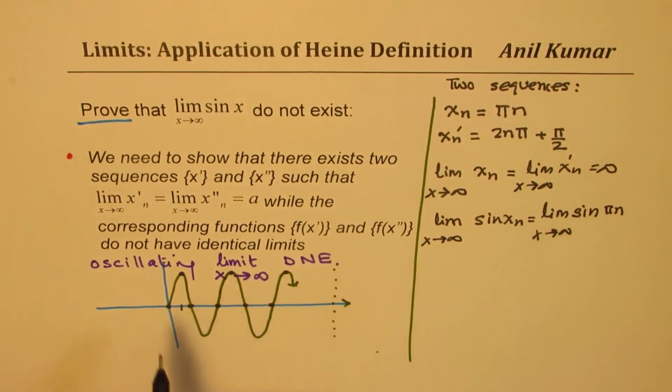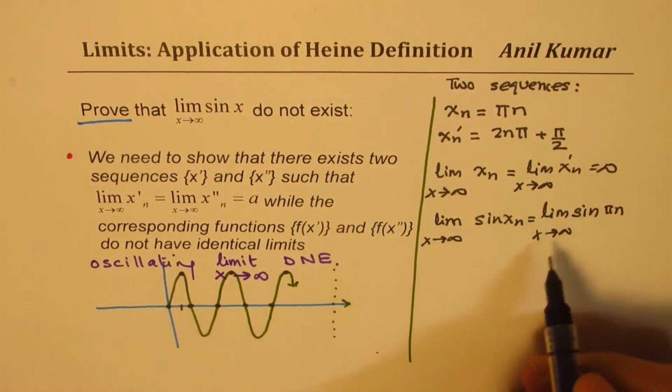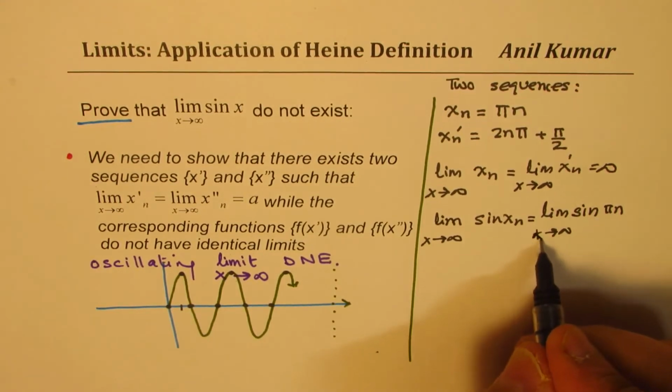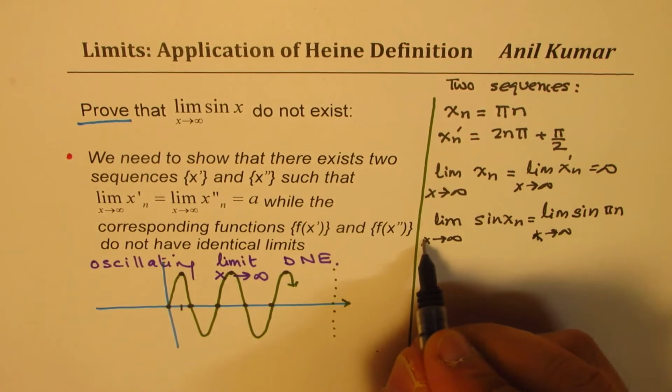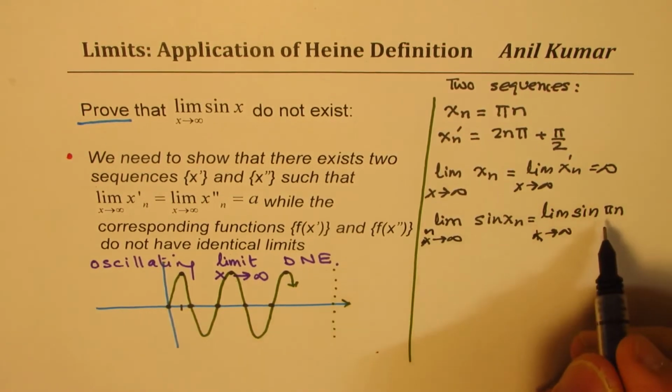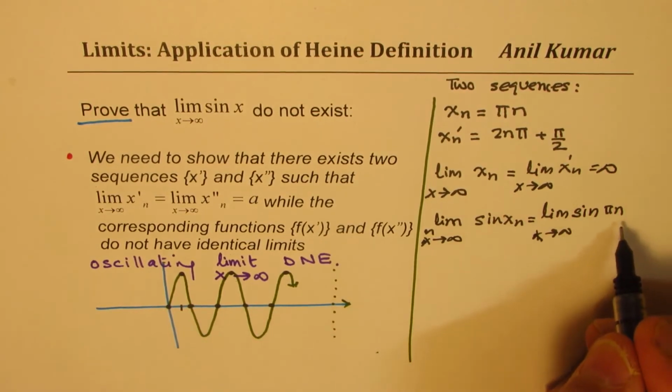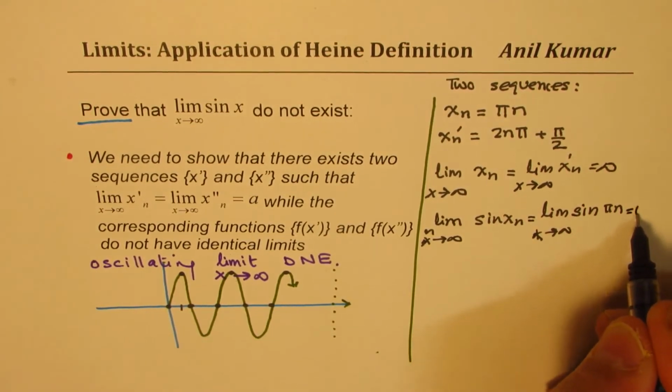Now, for pi n, whether n is very large or whatever, N is very large. We see for pi n, it has to be 0. So this limit is equal to 0, correct?